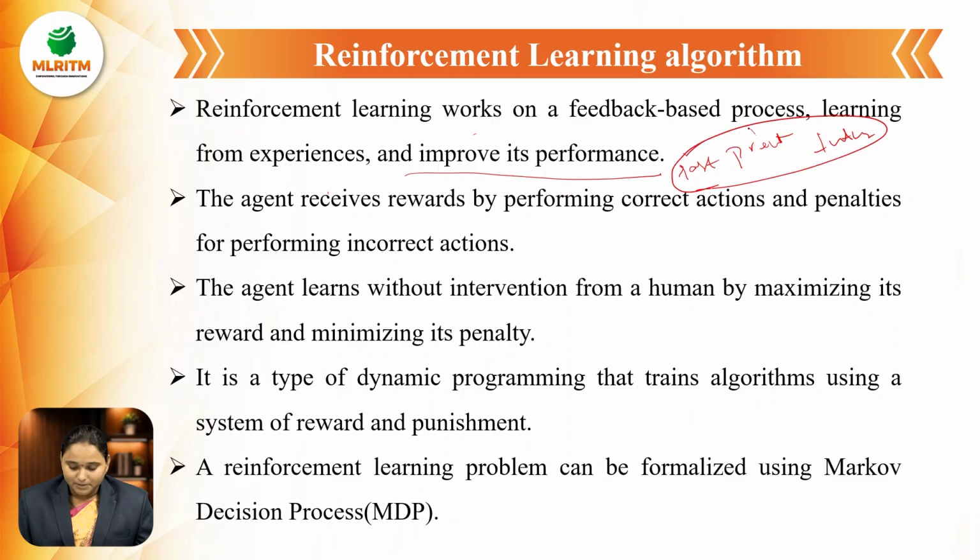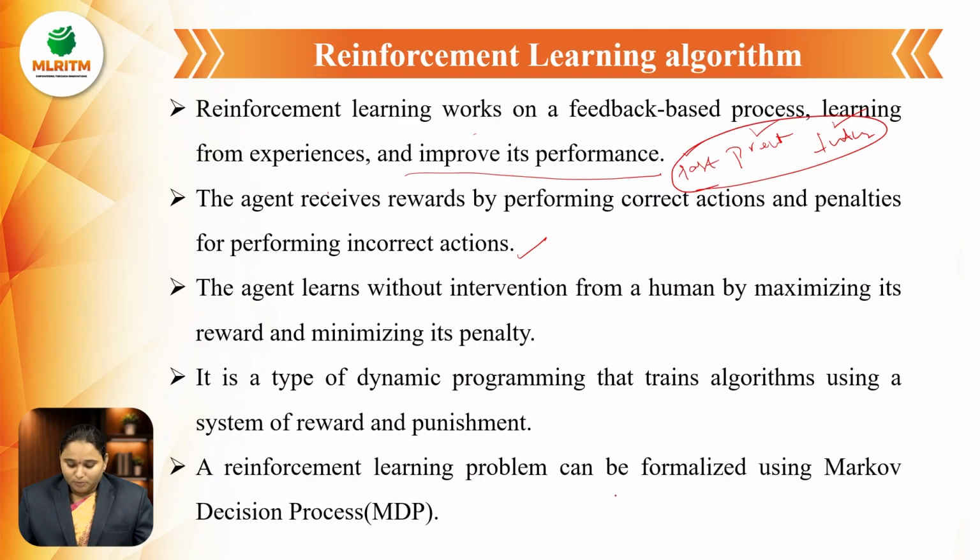Next, an agent receives rewards for performing correct actions and penalties for performing incorrect actions. The agent learns without human intervention by maximizing its rewards and minimizing its penalties. It's a type of dynamic programming that trains the algorithm using a system of reward and punishment.